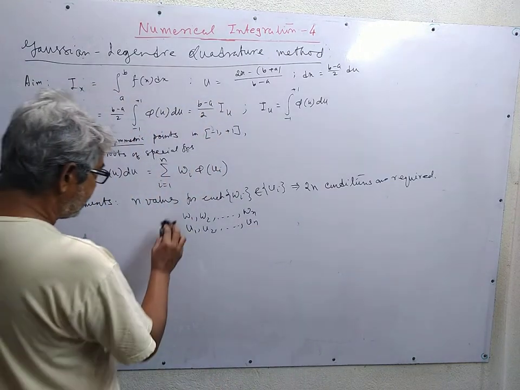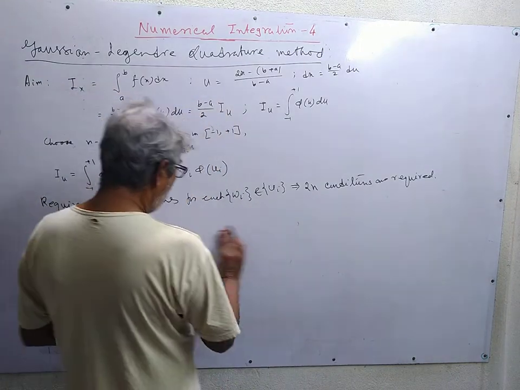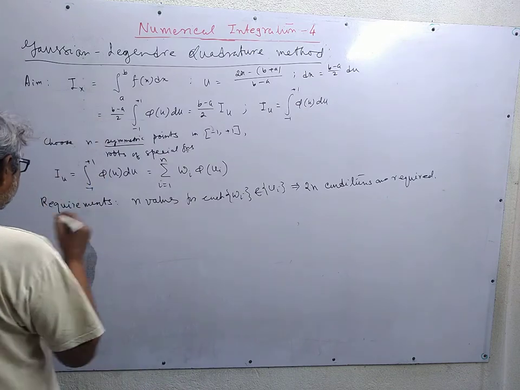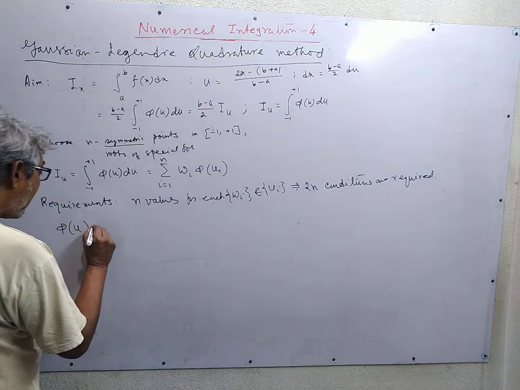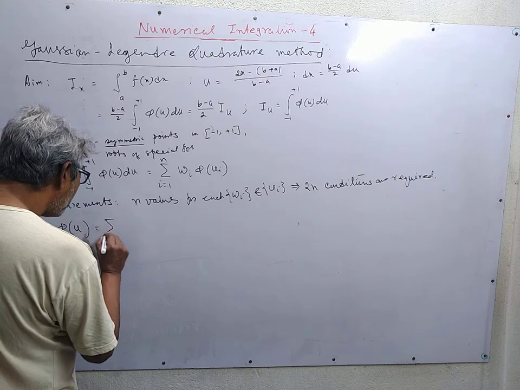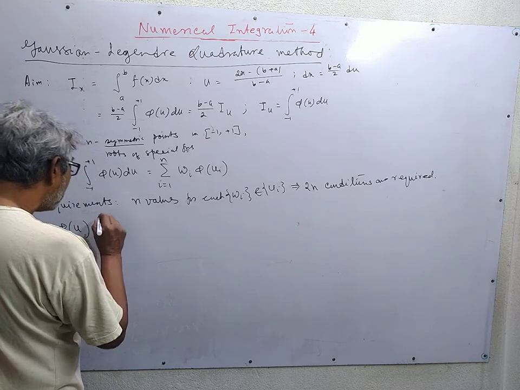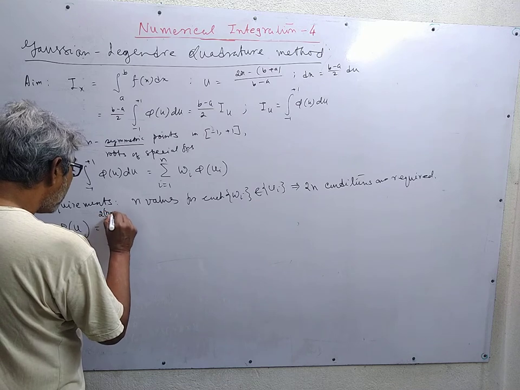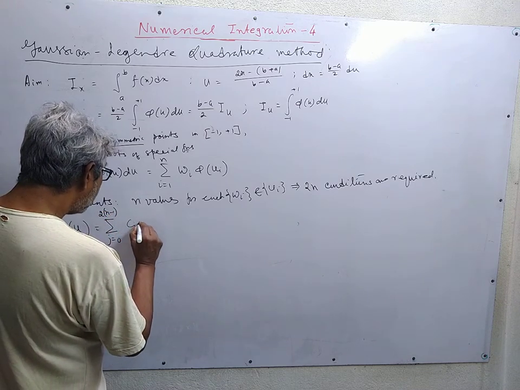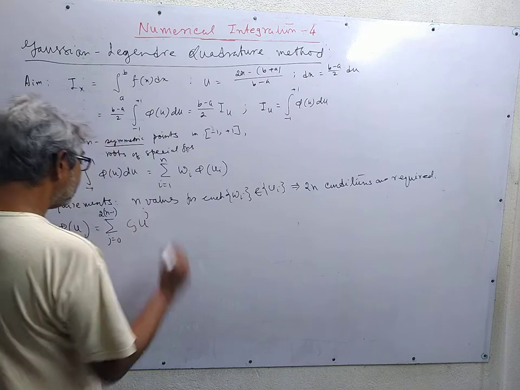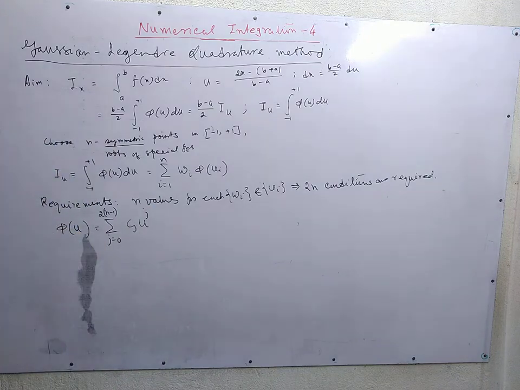Guided by this, we express phi of u as summation over j from 0 to 2n minus 1 of cj u to the power j. So we require 2n conditions.